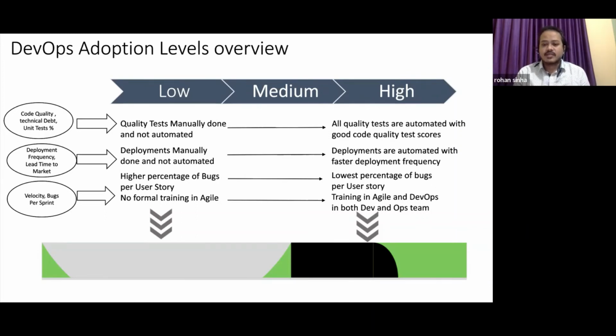And if they have training in Agile and DevOps in both Dev and Ops teams, it represents a higher adoption level. Now, how can we measure this? This can be measured through the storyboard, like velocity, bugs per sprint, etc. This definitely represents the people perspective of how the productivity is within the team.